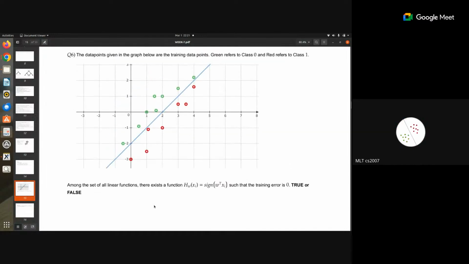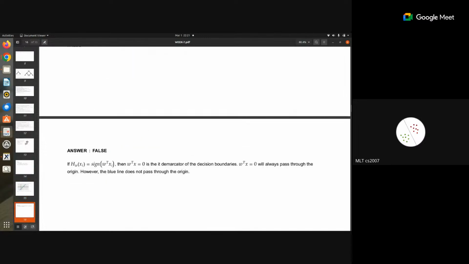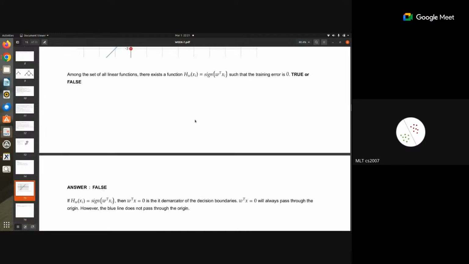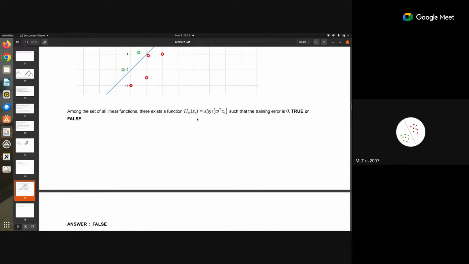No, maybe there is no problem here. The issue is that the line is not passing through the origin. The perpendicular line should pass through zero, only then can we say so. Fine, maybe I'll talk about it later.